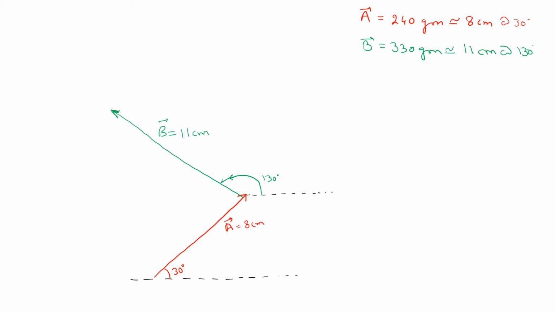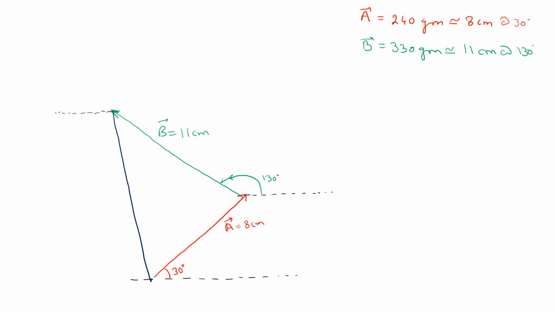Now we have these two vectors, and we just need to find the resultant of these two vectors. So we are again going to make an axis at the same level of the x-axis, and then join the tail of the first vector and the tip of the second vector.